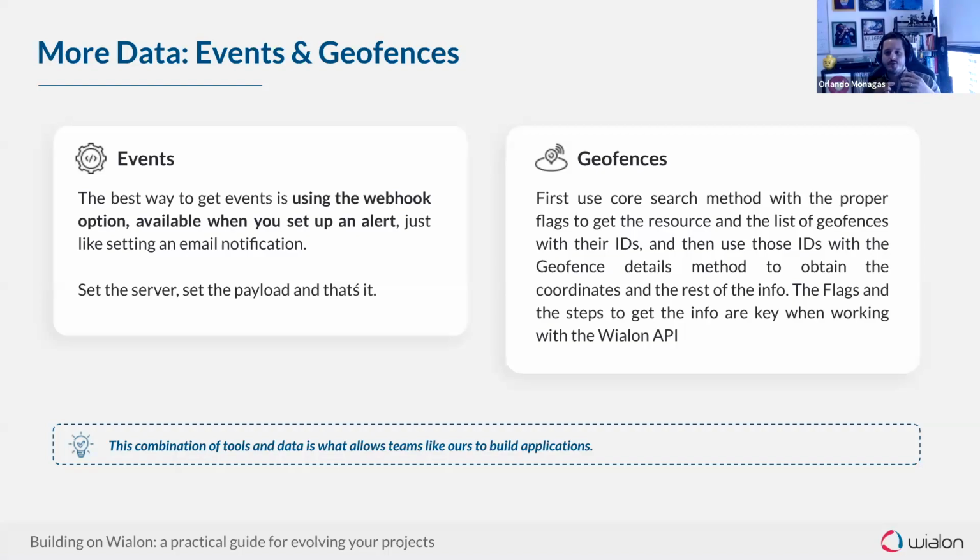So to get geofences, again, you need to use the core search method with the proper flags to get first the resource and the geofences with their IDs, and then use those IDs with the geofence details method to obtain the coordinates and the rest of the information. These flags and following these steps are key when working with the Wialon API.